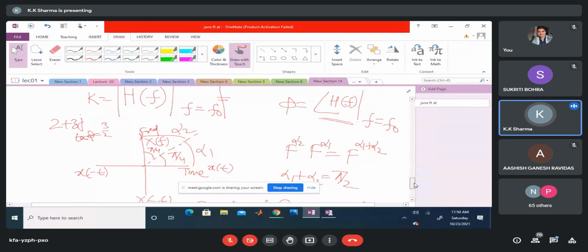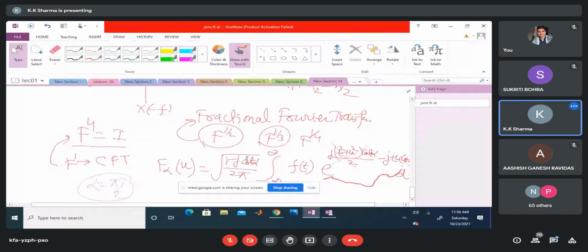In the Fourier transform definition, you just have to replace j by minus j. If you put minus in place of this j, you will get the inverse fractional Fourier transform.